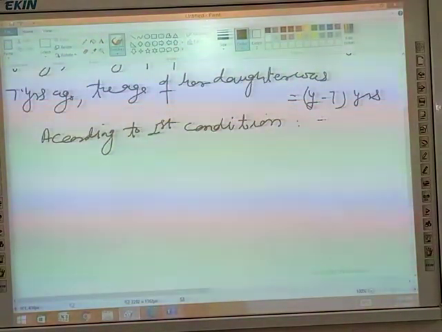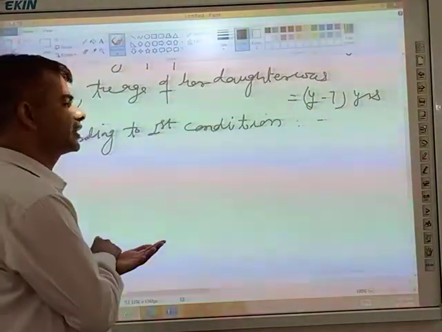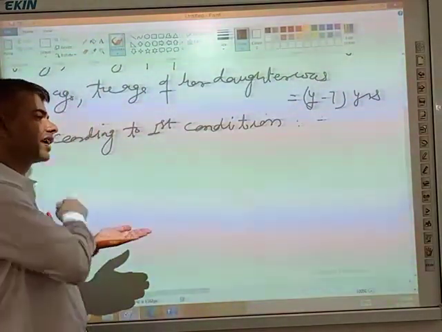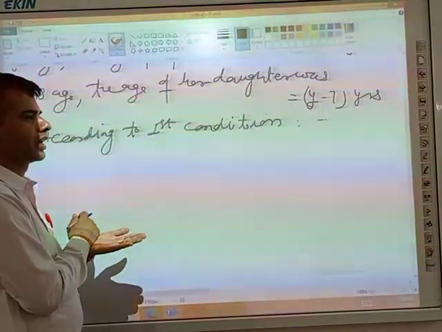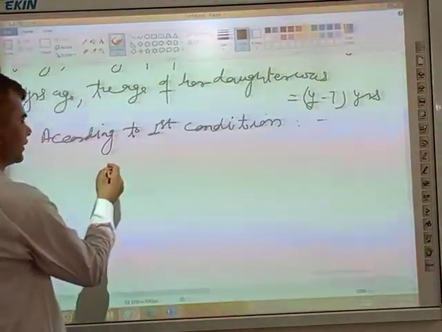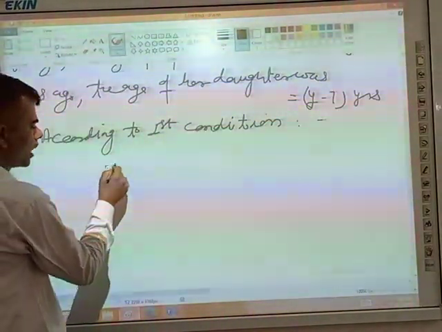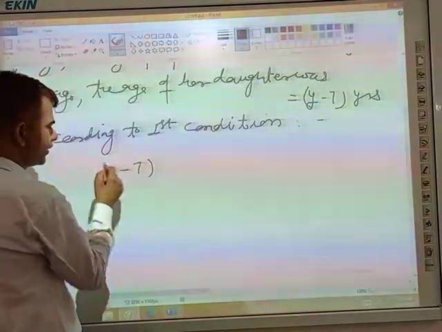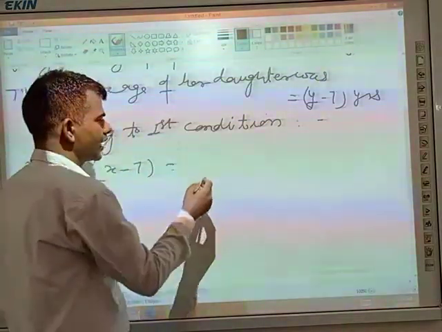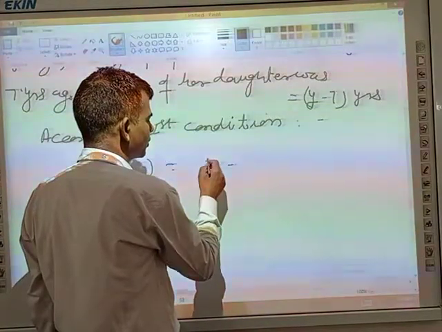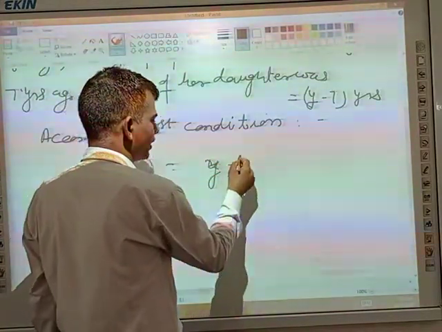Aftab is saying to his daughter, 7 years ago I was 7 times as old as you were then. 7 years ago Aftab is x minus 7 years, and 7 years ago his daughter is y minus 7 years.